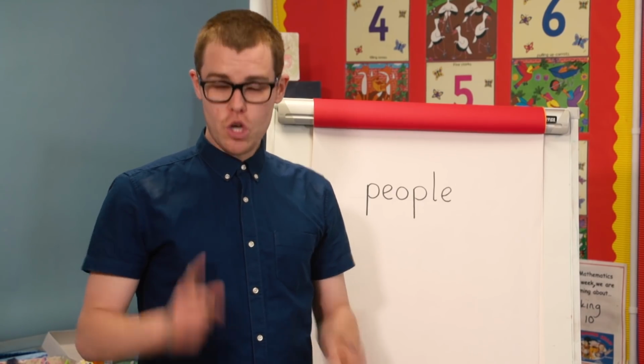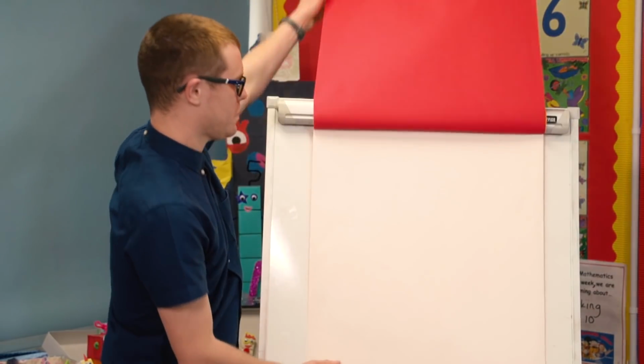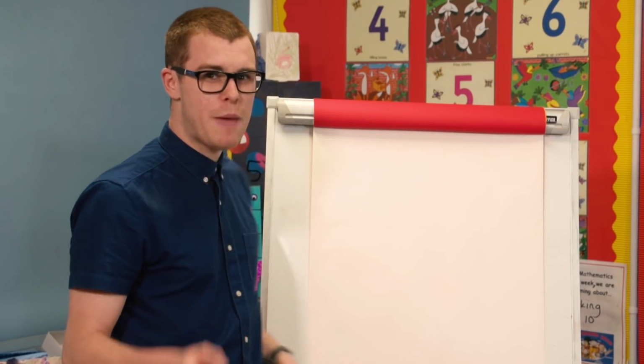Now I want you to have a go. I'm going to hide the word. Do you think you can spell people? P-E-P-L. Write the sounds down. Remember the tricky bit.